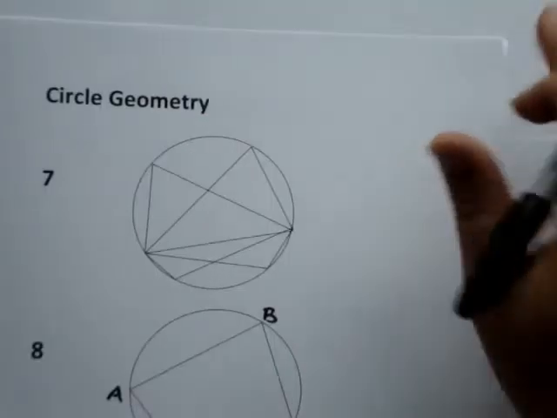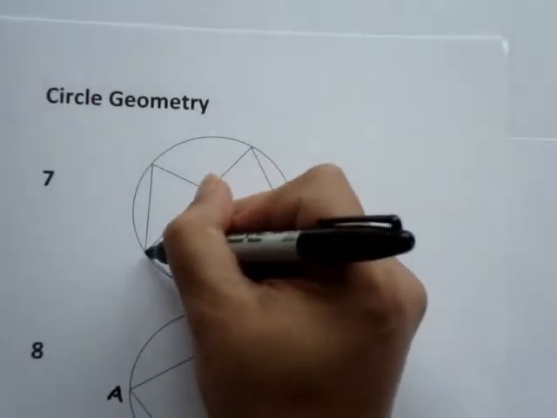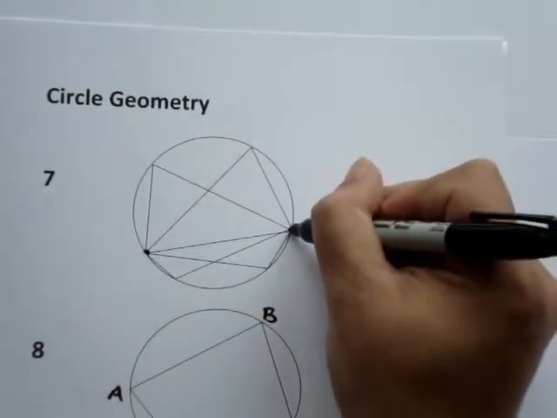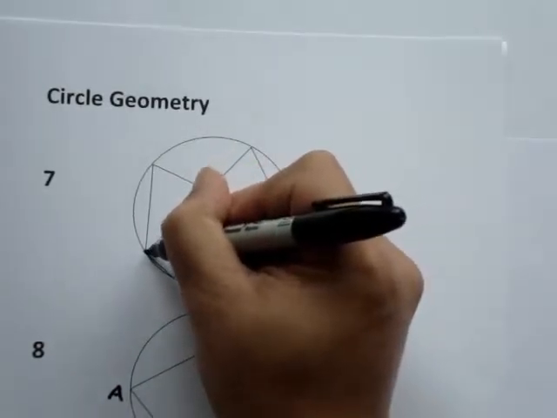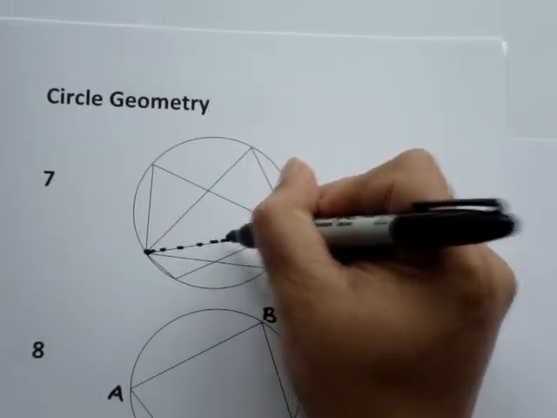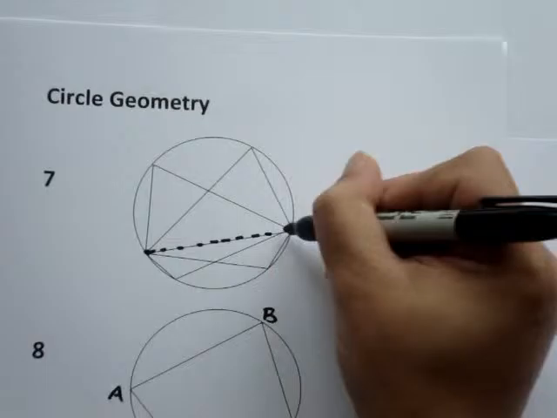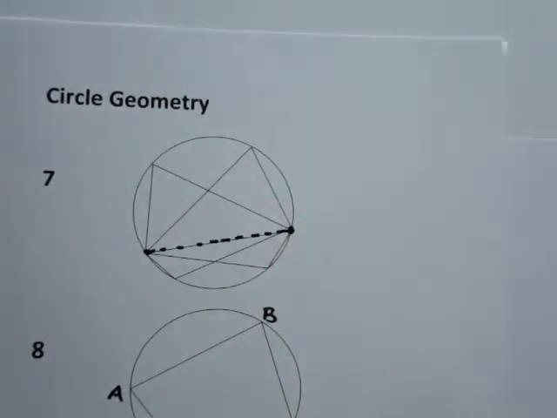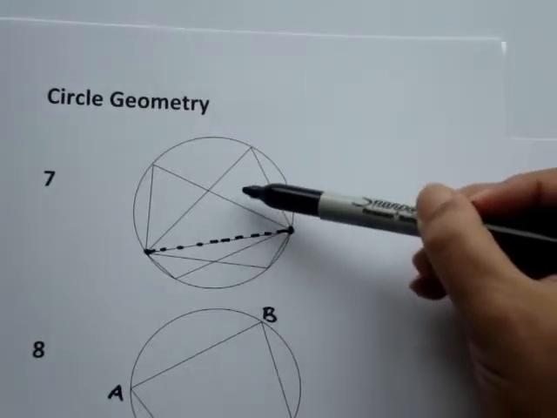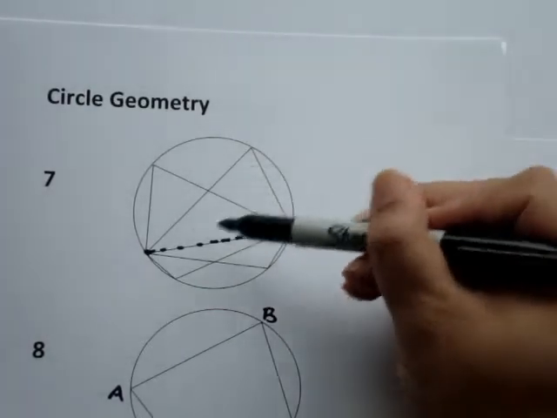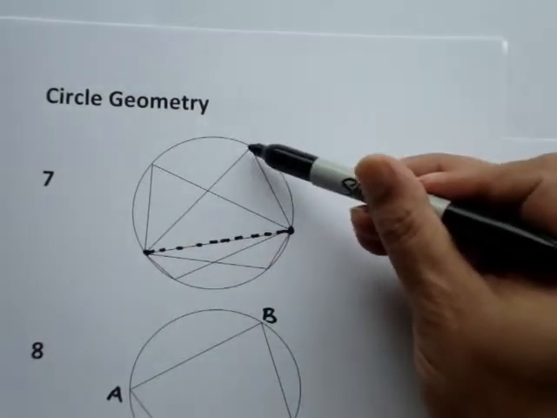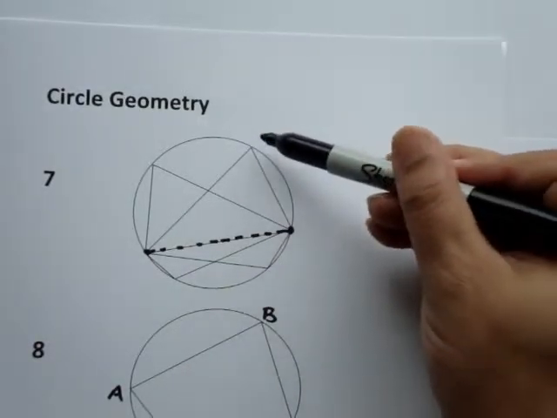Again, if we have a chord drawn here from this point to this point, this is our chord. I'm just highlighting it so we can distinguish it from the other lines. So that's our chord, and we have cut the circle into two segments. We draw from each side of the chord a triangle which touches the circumference.